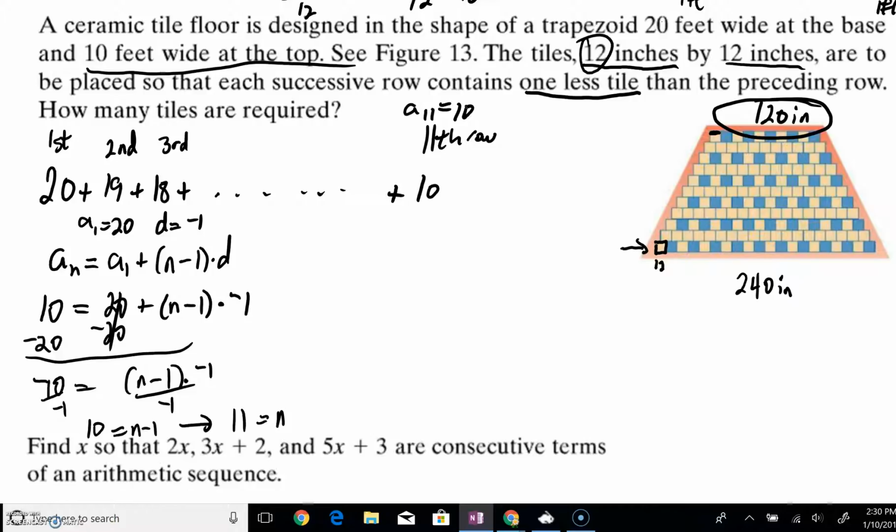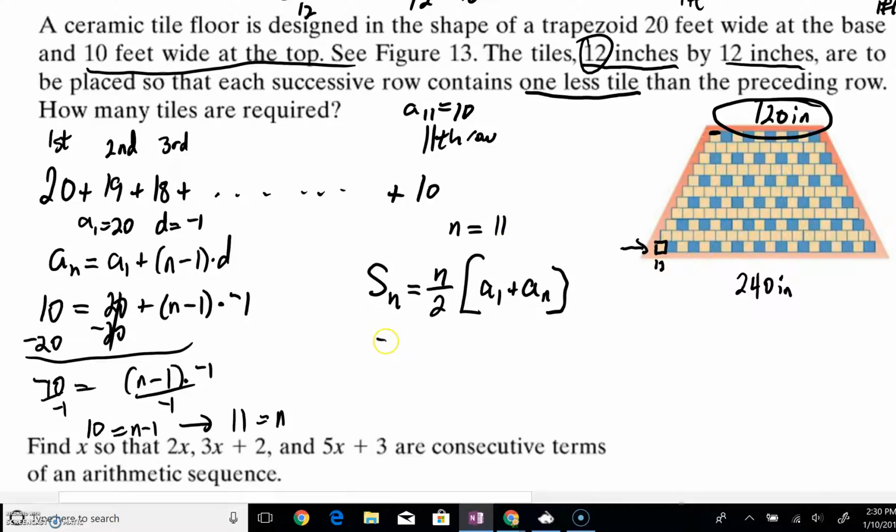What we can do is go back to Baby Gauss's formula. S sub n is equal to n over 2 times a sub 1 plus a sub n. We know that n is going to be 11. So we could say s sub n is going to be 11 all over 2. What's my first term? Well, my first term is a 20. What's my last term? Well, it's going to be a 10. And 10 plus 20 is going to be 30.